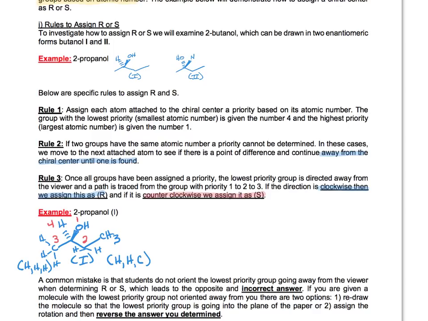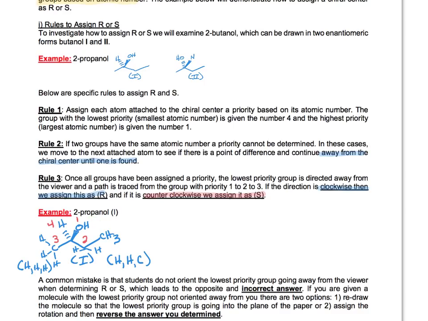So what we do now, now that we've assigned our priorities, is trace from 1 to 2 to 3. The good news is my lowest priority group is going away from me, so we can just ignore it and trace from 1 to 2 to 3, and we'll use green this time.